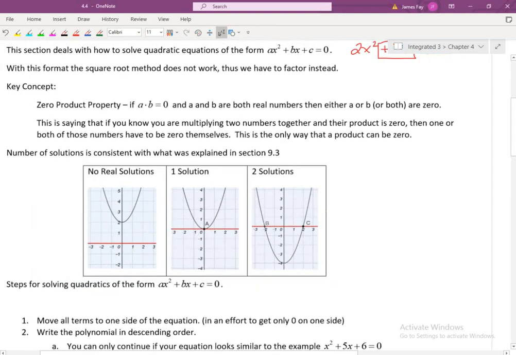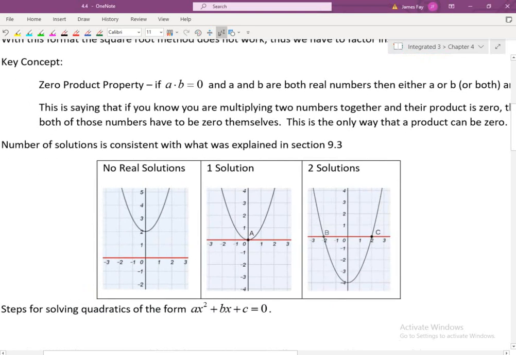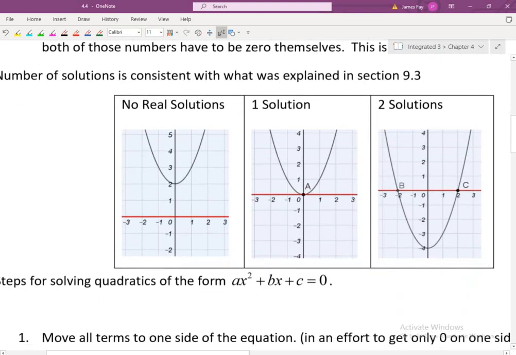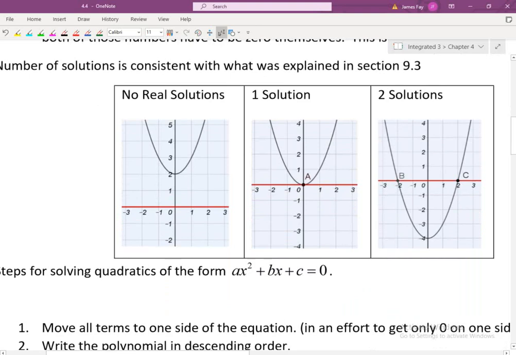It says the number of solutions is consistent with what we explained, in section 4.3, what we did yesterday and the day before. If we have no real solutions, we're not going to cross the x-axis. If we have one solution, we cross the x-axis one time. If we have two solutions, we cross it twice.